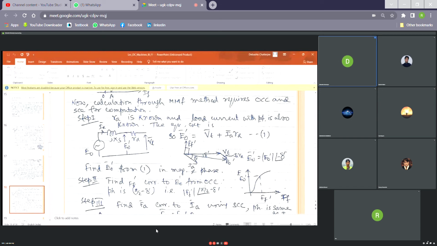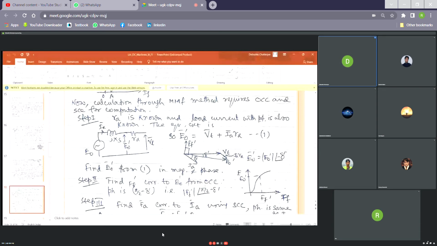Now see the equivalent circuit, if you remember what we discussed. This is the terminal voltage per phase, then this is the armature resistance, this is the reactance, and this is the no-load EMF. Now in this phasor diagram, there is an intermediate phasor E0 dashed, which can be calculated as VT plus IA RA, the interim EMF, after taking the resistance into account.